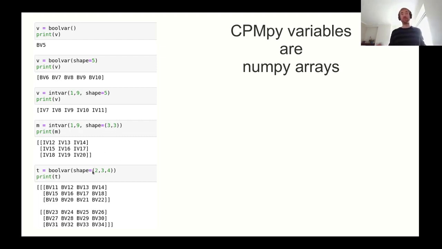Actually, this shape can be any n-dimensional specification, the number of dimensions as well as the size of each of the dimensions. So, for example, if you say 2, 3, 4, then it creates a 3-dimensional tensor with two in the first dimension, 3 on the second dimension, and 4 on the last dimension.